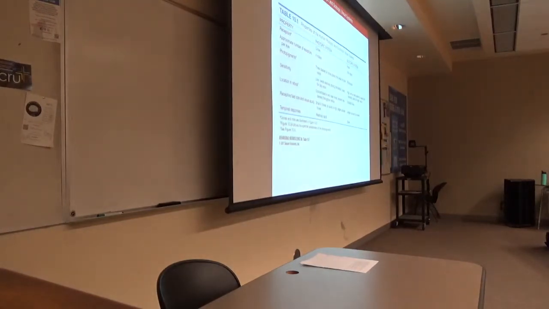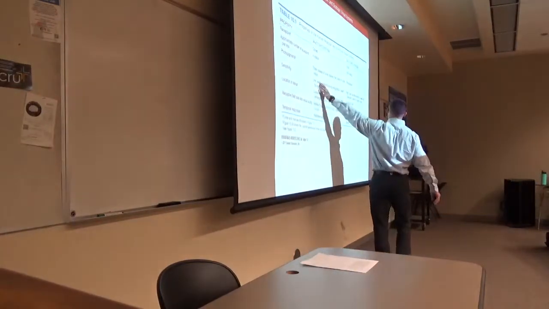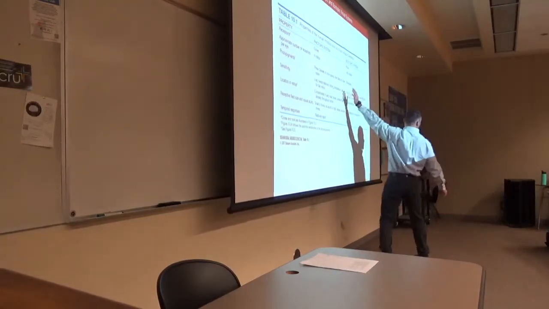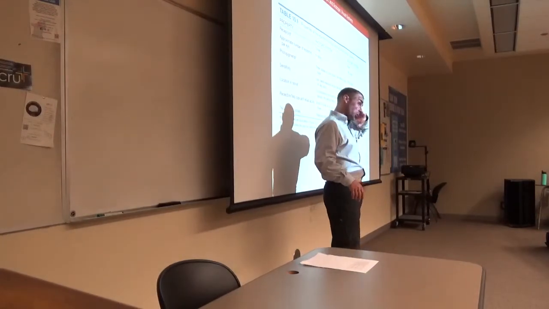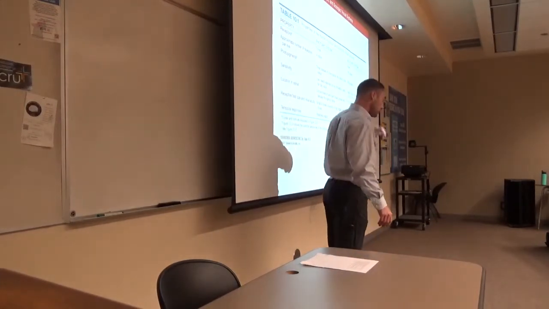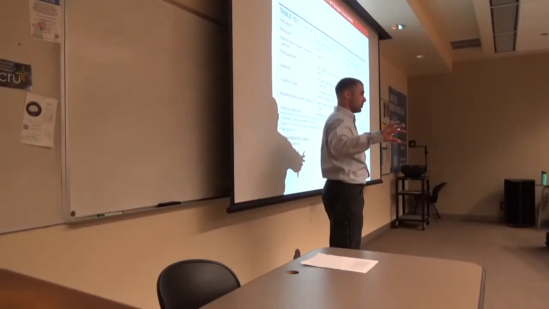Now this is just a table from your text. The idea is that it's contrasting the rods here and the cones here. And if you want a good little study tip, just rewrite this table. You'll learn the difference between the rods and the cones.